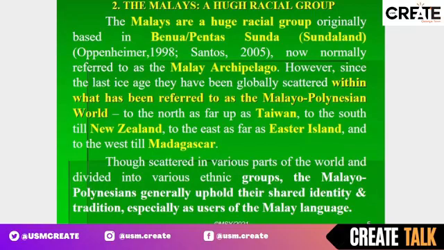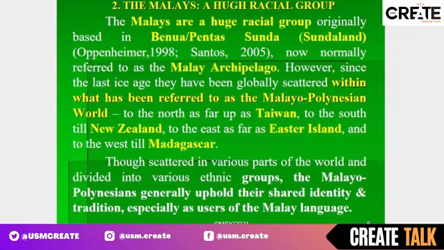However, since the last ice age, they have been globally scattered within what has been referred to as the Malayo-Polynesian world. That is, to the north as far up as Taiwan, to the south till New Zealand, to the east as far as Easter Island, and to the west till Madagascar.